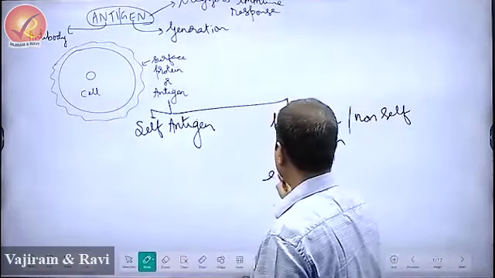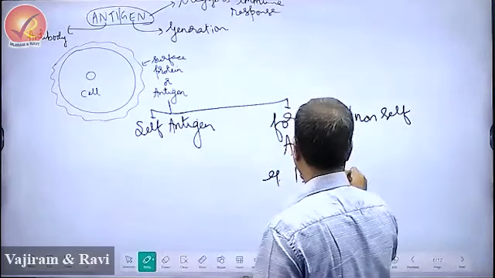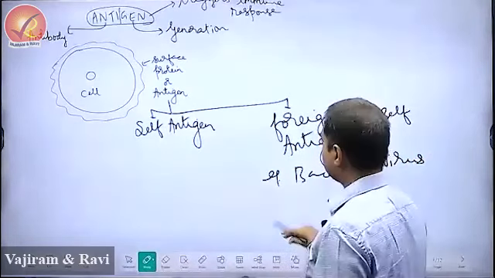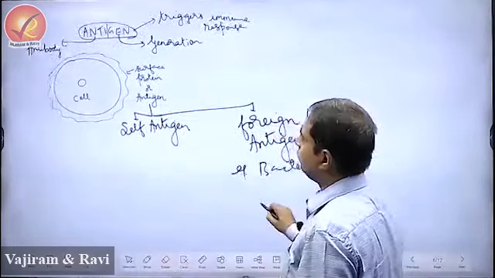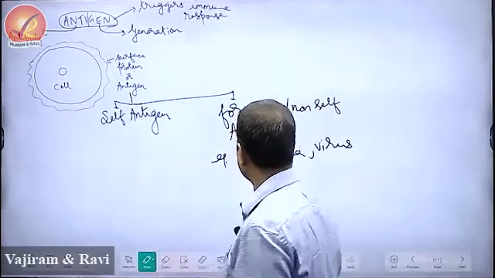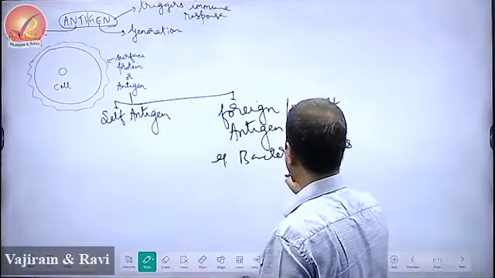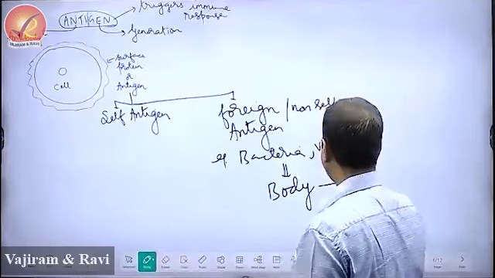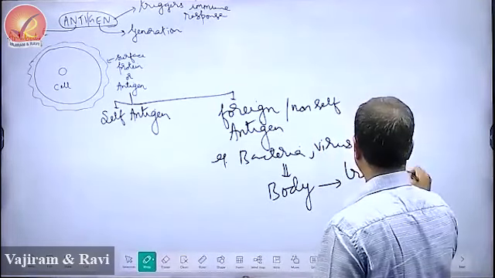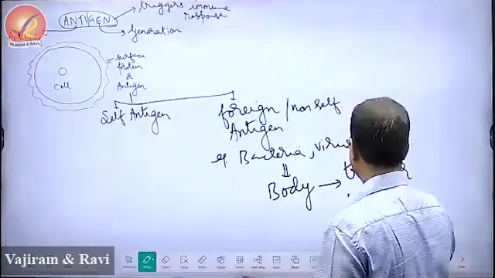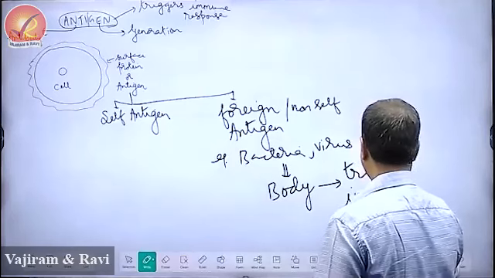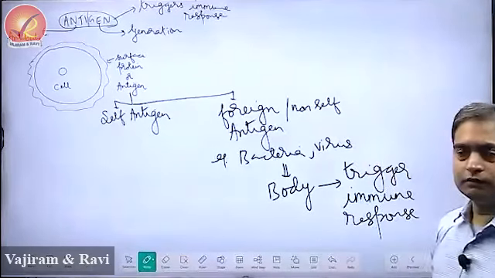So for example, bacteria, virus, they act as what? Foreign antigen. Whenever this foreign antigen enters our body, then the body will trigger an immune response. Body will trigger what? Immune response.